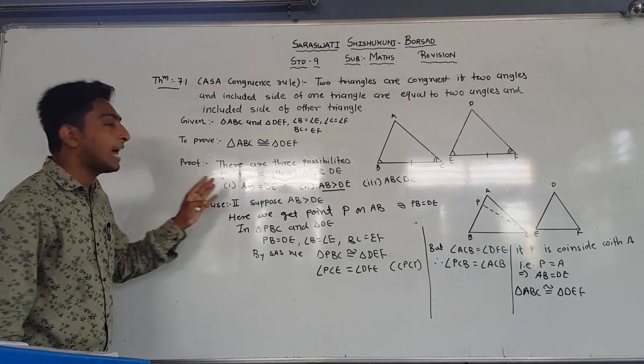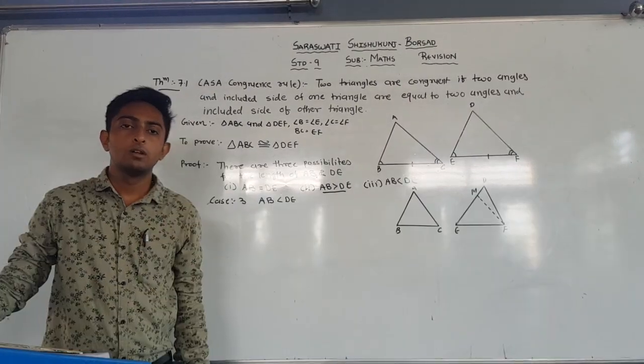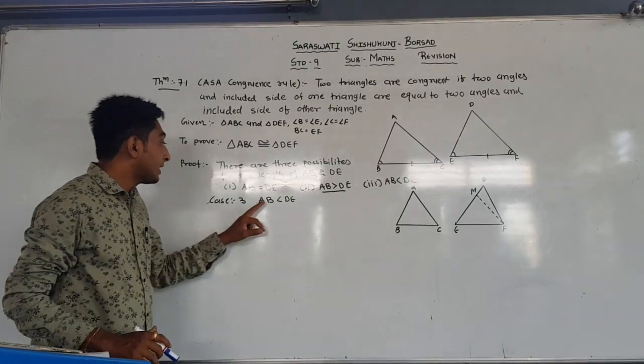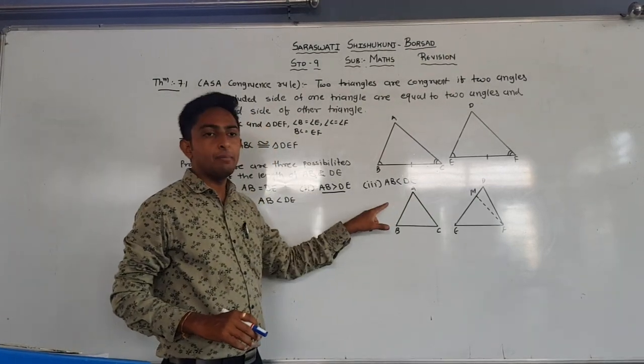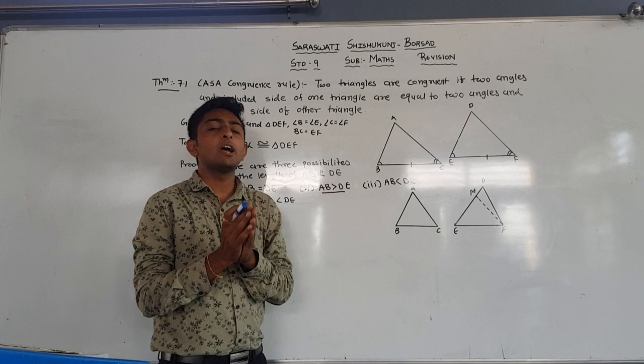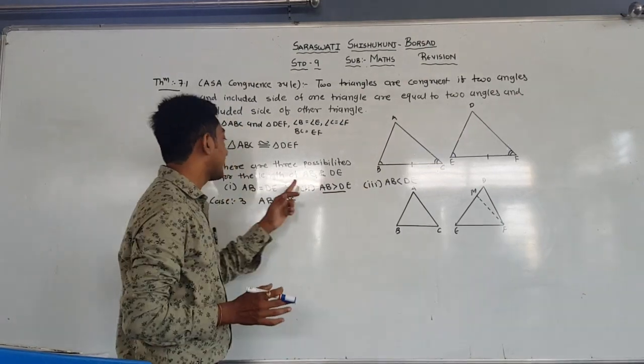Now let us see the last case, case 3. The last case is given that AB is less than DE. That means DE is larger than AB. Now what we have to do? We have to do the same process as in case 2.